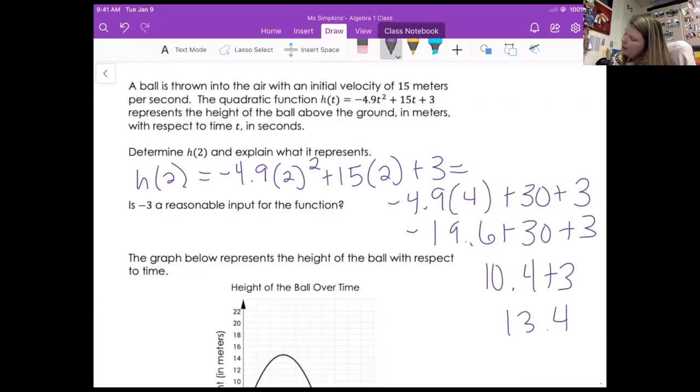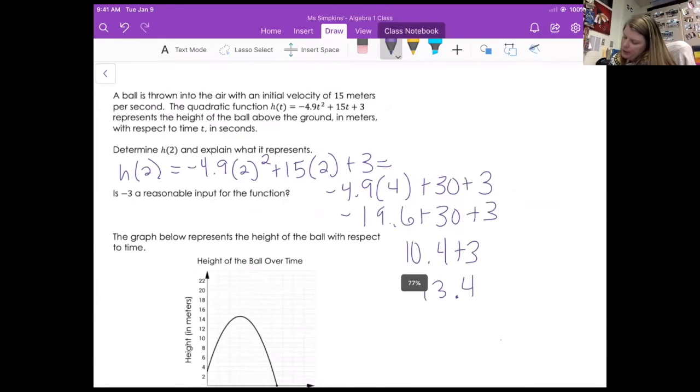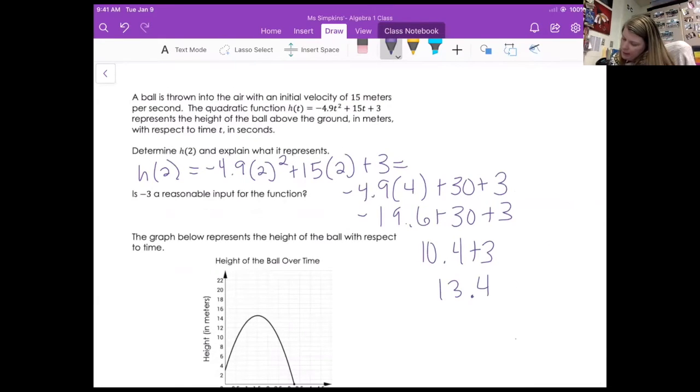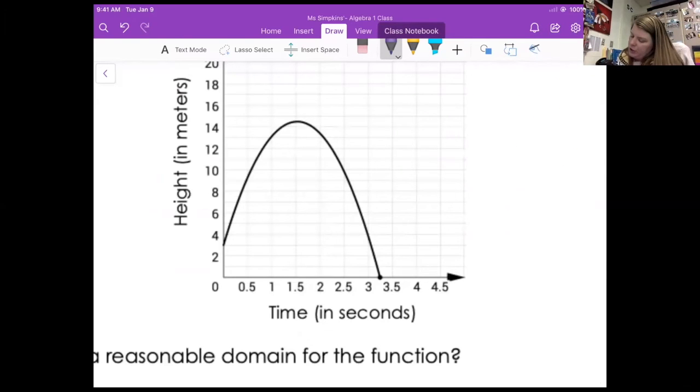Yes. And specifically 13.4, is it meters? Meters. I want you to look at the graph. If we're at x equals 2, which is right here, are we about at 13.4 meters on the y? Yes. So that means my answer probably makes sense.